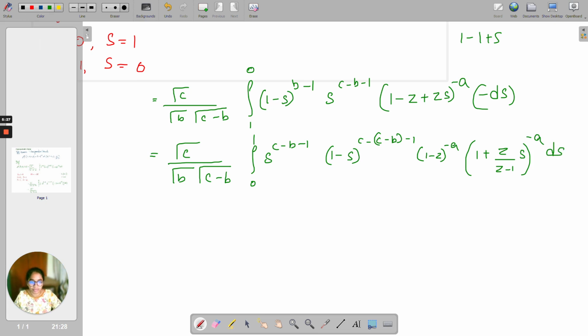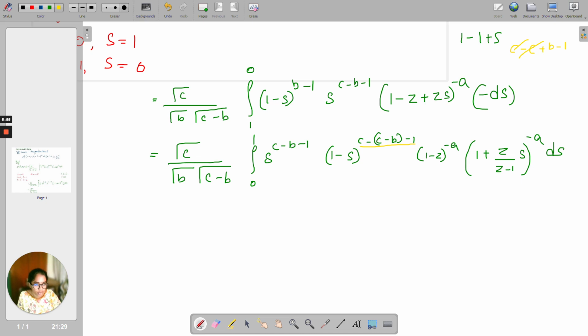Now this part, what if I simplify this? I would get c minus c plus b minus 1. C and c get cancelled. So basically I've added and subtracted c and I just took minus 1 common, so I got c minus b minus 1. And over here I took 1 minus z common.